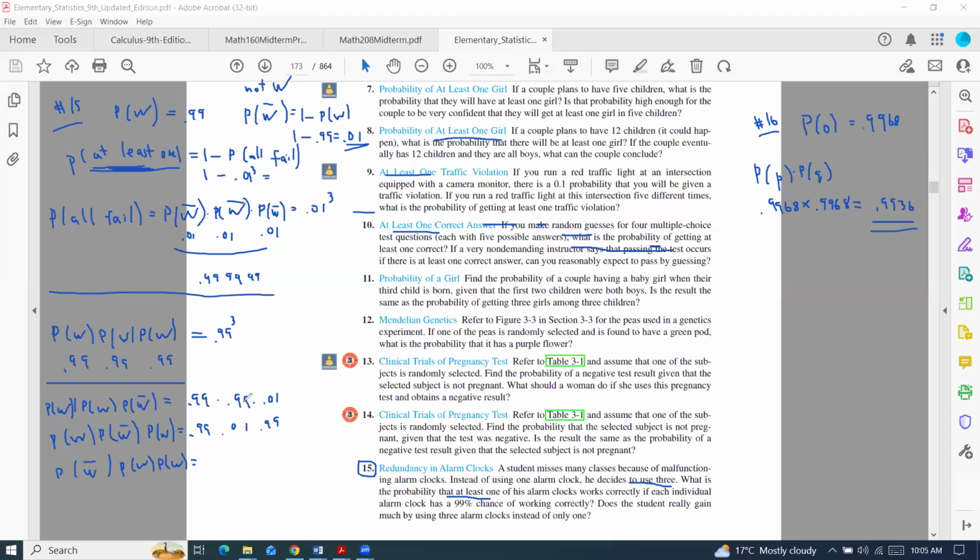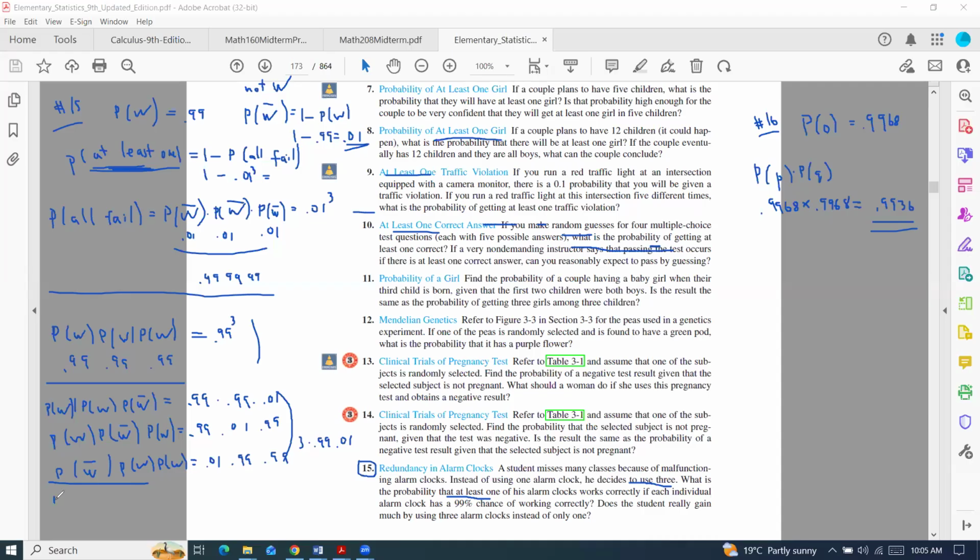So I put 0.01 in the middle, or I can put 0.01 in the first position. But in my multiplication, I'm going to have the same three products. So 3 multiplied by 0.99 squared and then by 0.01. So 3, exactly the same things we have to also consider together with that one. So that's when two alarm clocks worked and one did not.